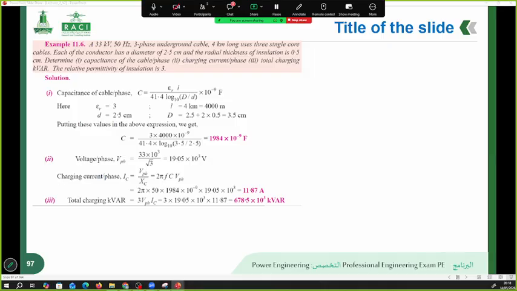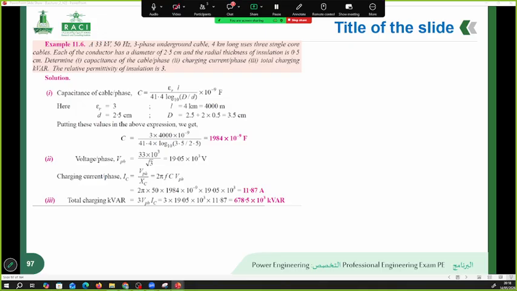This slide illustrates a comprehensive example of determining the capacitance, charging current per phase, and total charging reactive power of a three-phase underground cable system operating at 33 kilovolt and 50 hertz. The system consists of three single core cables, each 4 kilometers long, with a conductor diameter of 2.5 centimeters and insulation thickness of 0.5 centimeter.